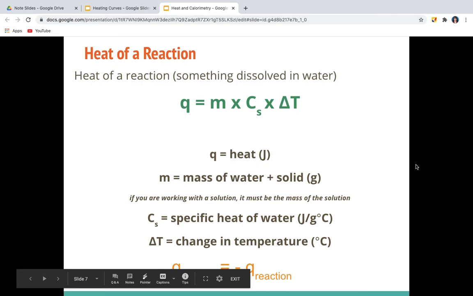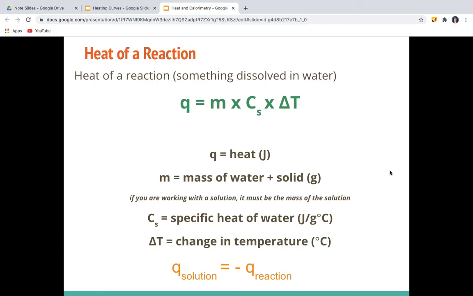Now, heat of a reaction. Quite often what we're doing is not necessarily just adding something or just heating one thing up. What we're actually doing is adding a mass of some solid to water or another solvent and measuring either how much energy that reaction takes in or that solvation reaction puts out. Since this is a mass of a solution, we need to add up the mass of the solvent and the solute.